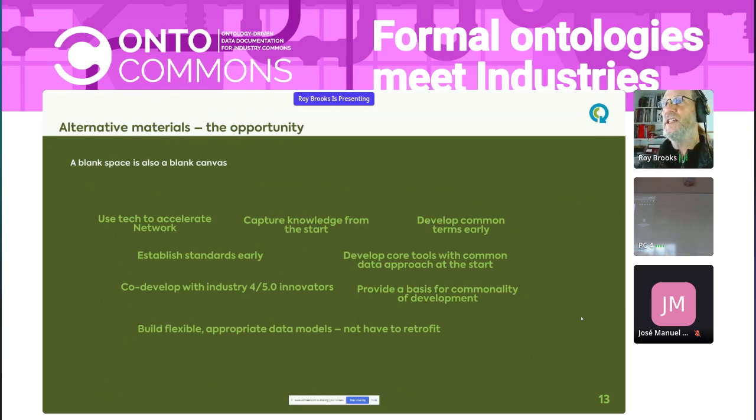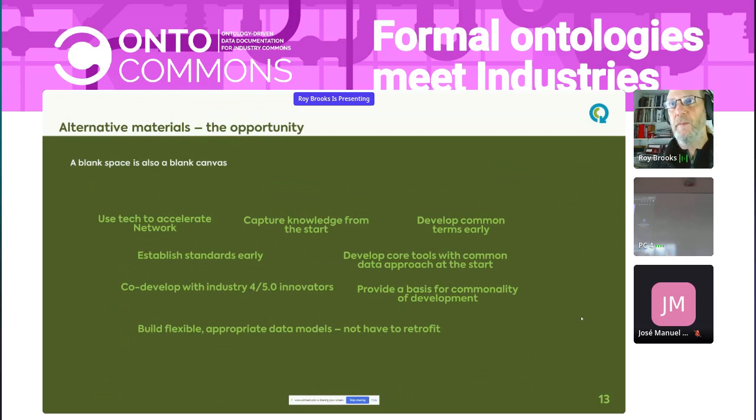An opportunity to capture knowledge in a structured way from the beginning. So to develop common terms early, to establish standards early, or at least to establish mechanisms for handling standards, because we recognize that standards are a whole question themselves. Create tools that are appropriate for the new domain and materials that we're working with.